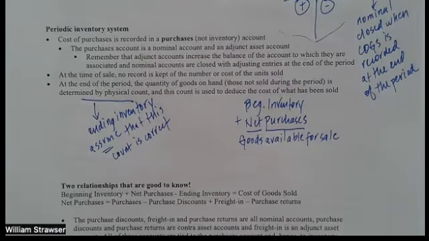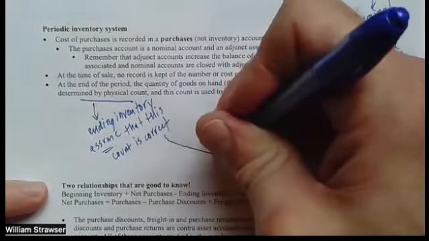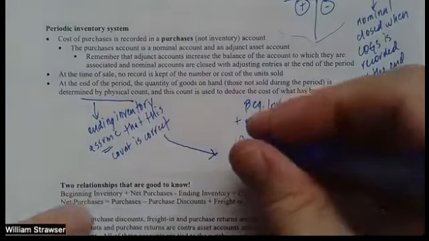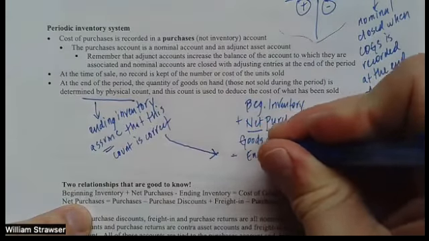Everything I had when I started that period, plus everything I bought, is the stuff I have available for people to buy from me. Now, when I take that ending inventory count, I subtract off my ending inventory count.